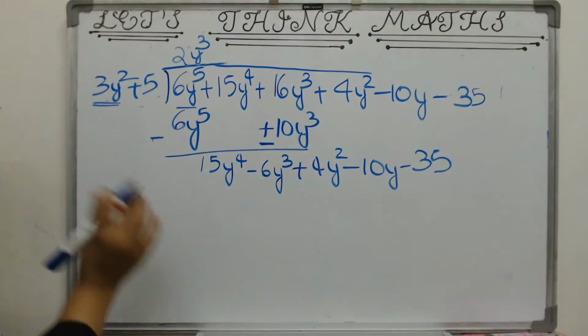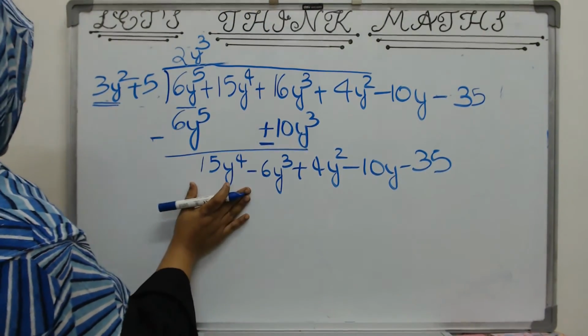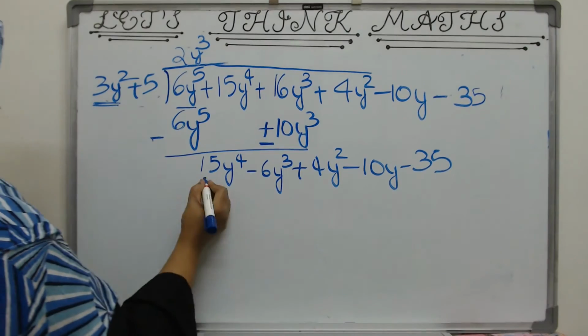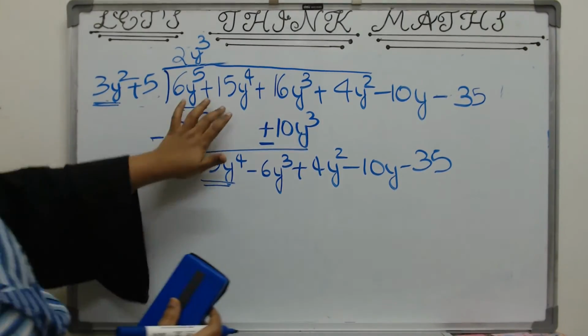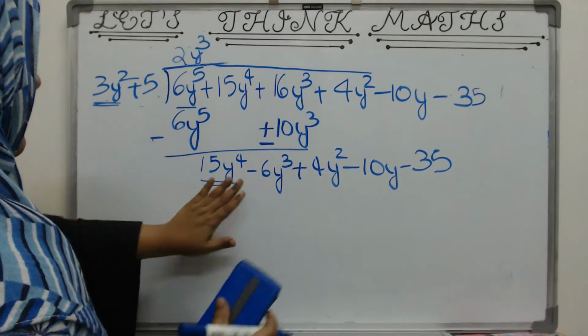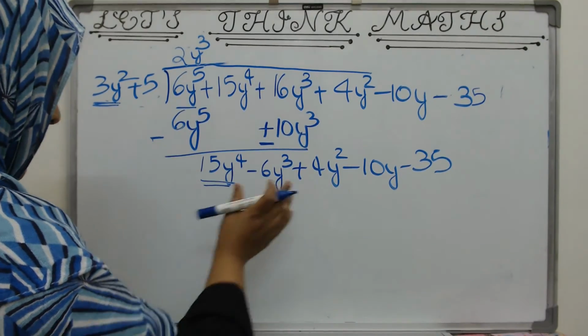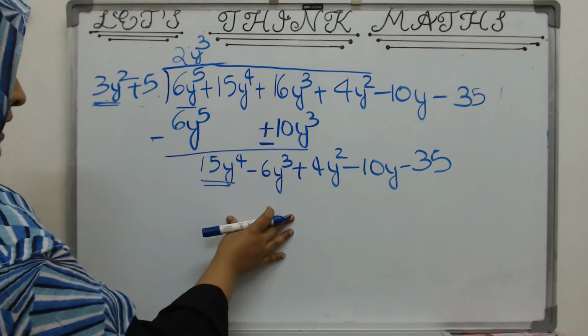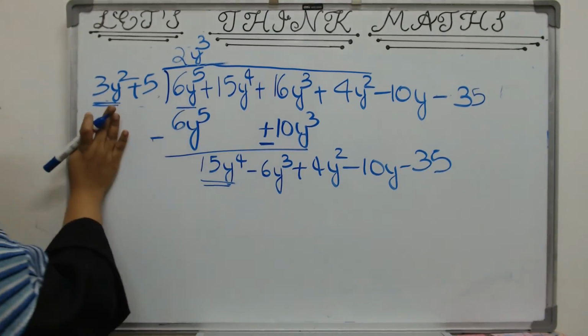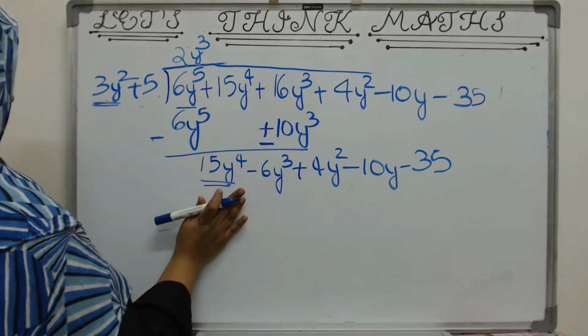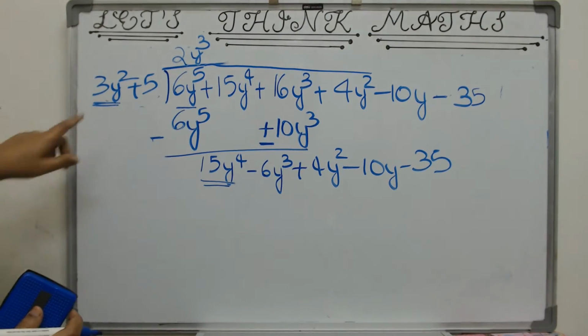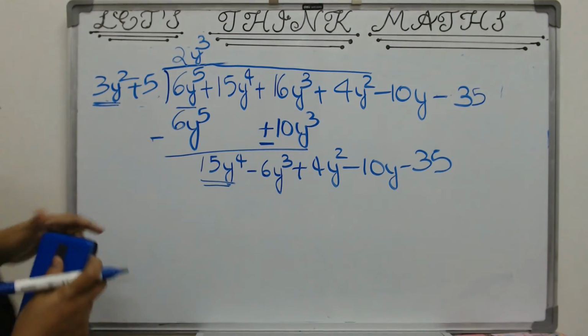Again, concentrate only on the first term. Why are we writing this? We are just taking care that it is easy to determine the degree of the polynomial that we are dealing with. So again, concentrate only on the first term of the divisor and the dividend.